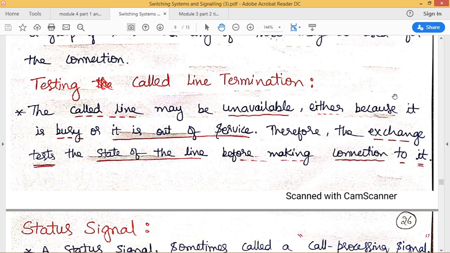Sometimes the called person may be unreachable, either because he is busy, involved in some other call, or the line is out of service due to some problems. Therefore, the exchange tests the state of the line before making connection.